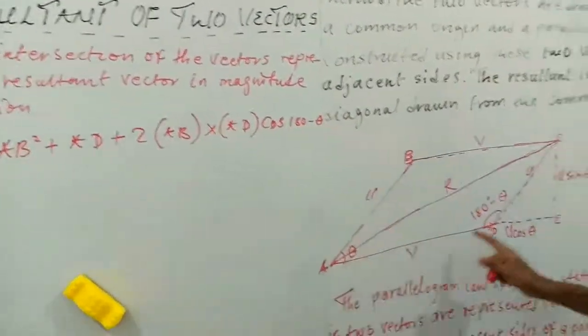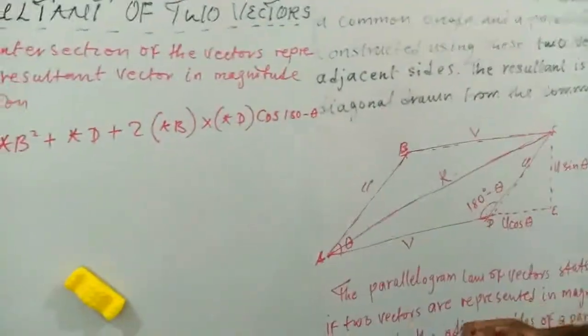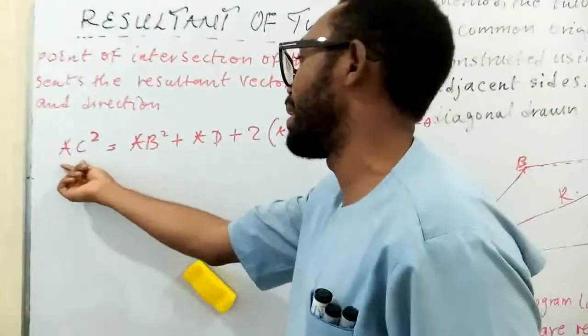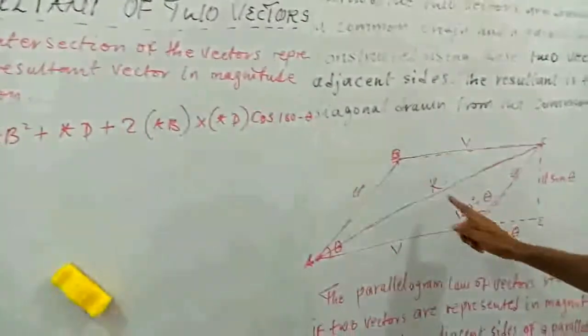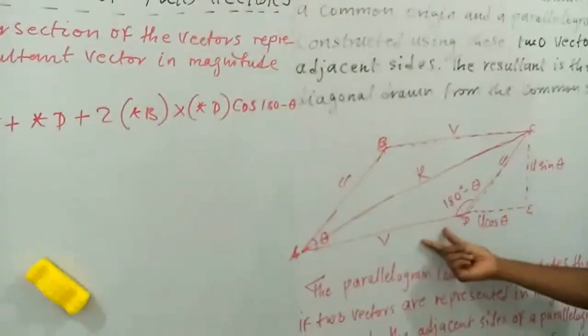This is theta, and this is the angle we are looking at. Now we can resolve this until we are able to get AC, which automatically becomes the resultant vector for this parallelogram. Do you get it?